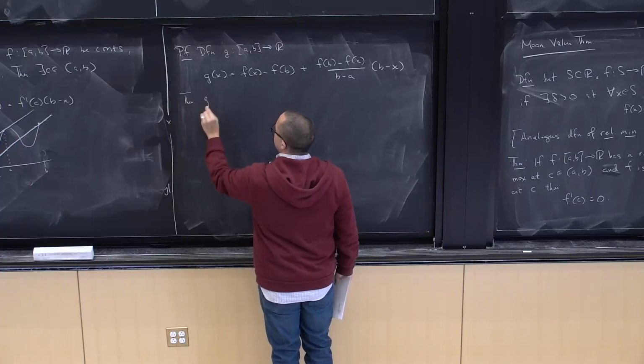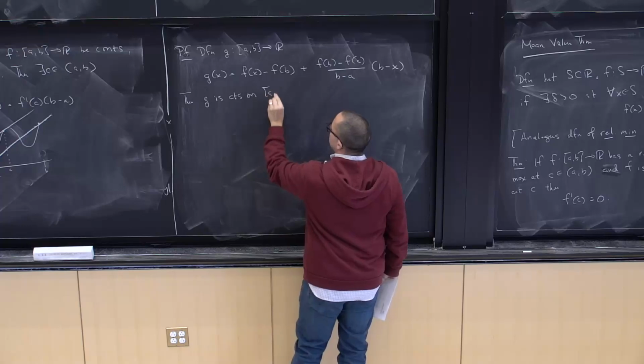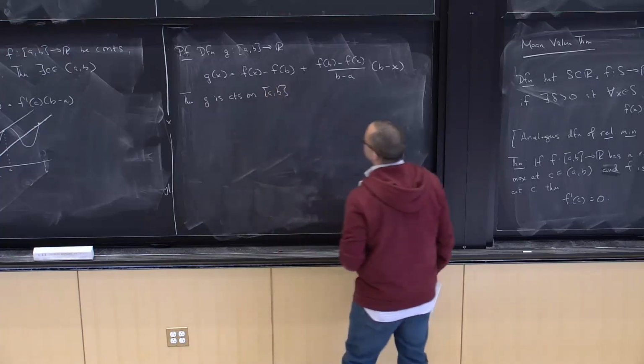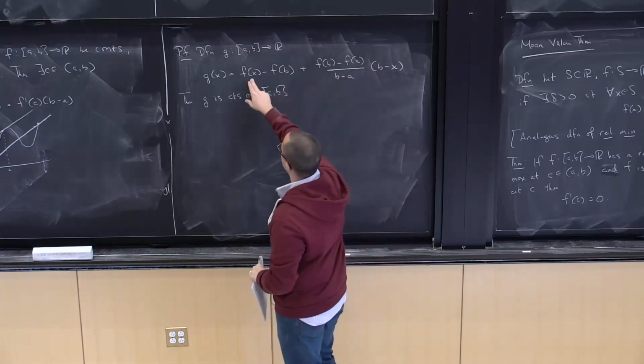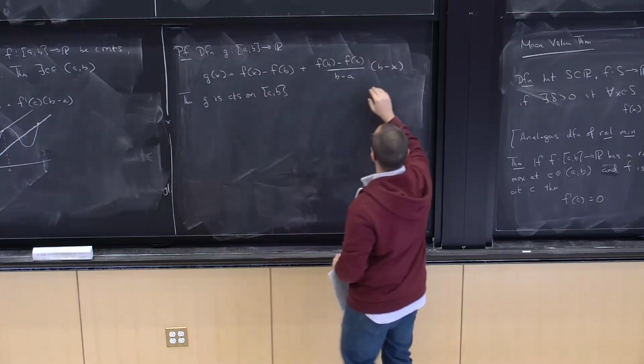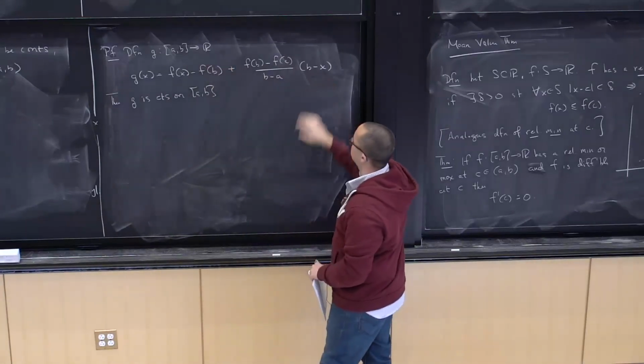Then g is continuous on the closed interval [a,b]. Why? Because it's a sum of two continuous functions on [a,b]. f of x is continuous on [a,b], and this is just a constant. That's just a constant. This is a polynomial.